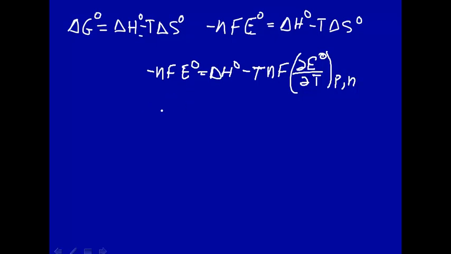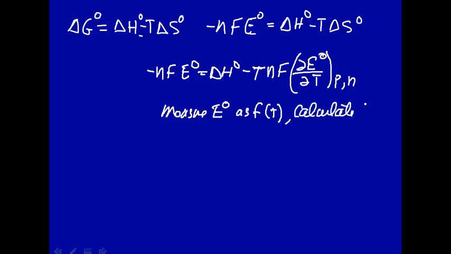If you measure E0, the standard cell potential, as a function of temperature, you'll get a slope. Everything else is known, N and F and T are at some particular temperature, so different temperatures will give you different points here. You can calculate delta H0. That's interesting. So electrochemistry can be used to calculate standard enthalpies of reaction.